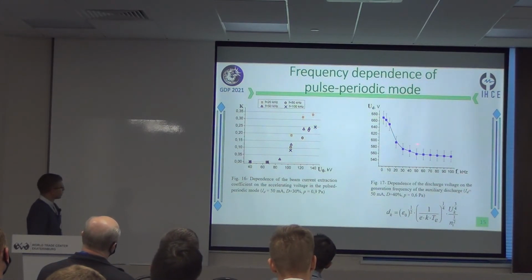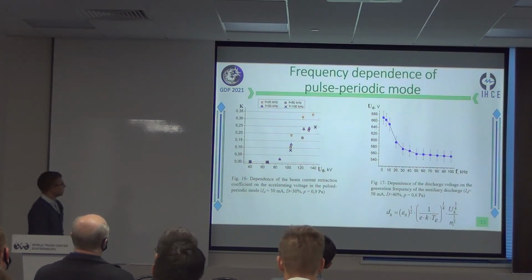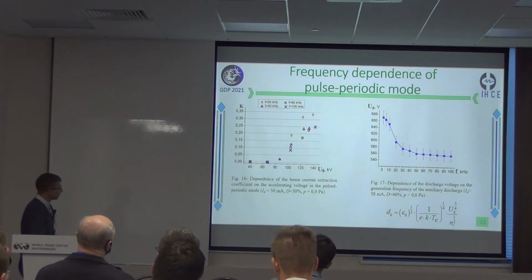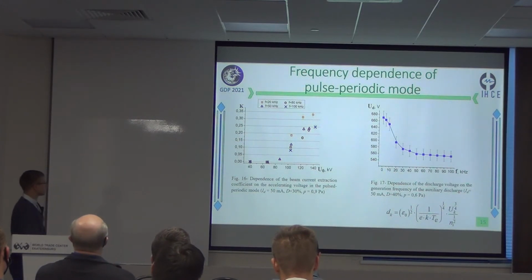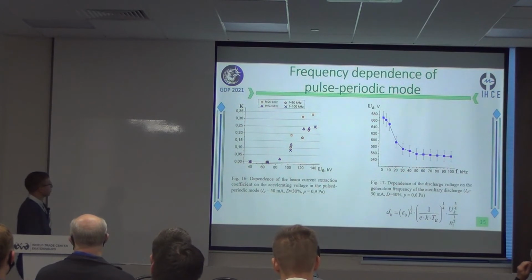Most likely at high frequency a constant component of discharge occurs, and this component decreases the amplitude of discharge current and therefore decreases discharge voltage. High discharge voltage leads to increasing width of the cathode layer, and probably because of this a change of the ion-electron optical system appears, and the extraction coefficient in the pulse periodic mode increases.